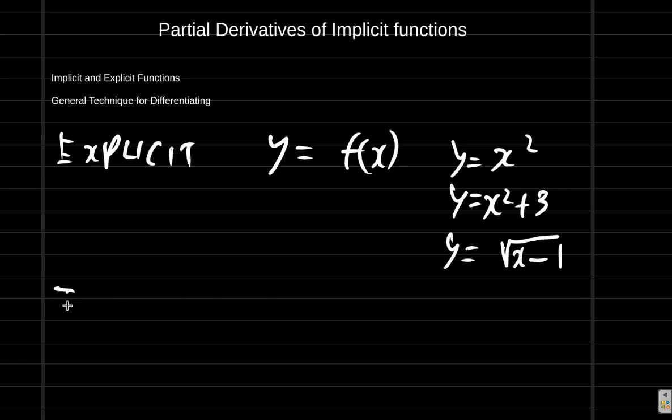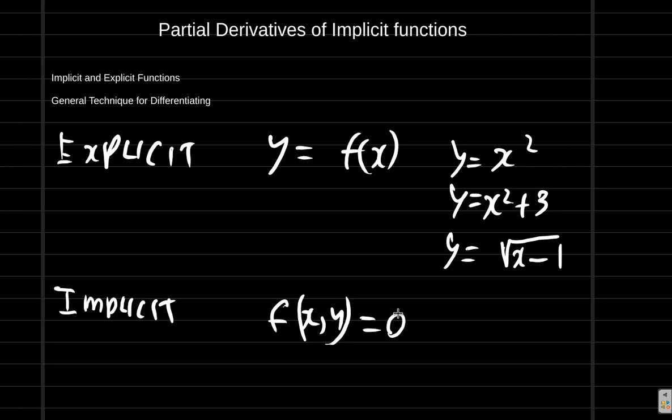Now, one that is implicit. The implicit function itself is generally of the form f of x, y equals 0, right? You have x and y mixed up together. You don't have them separated.